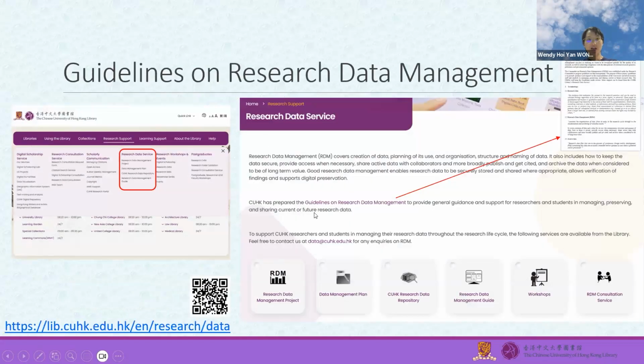As for the guidelines, here it tells you how you can find the guidelines. So this is the link to the guideline. You can simply click to lib.chk.edu.hk. That is the library website. When you mouse over the research support toolbar here, the research data service tab is here.